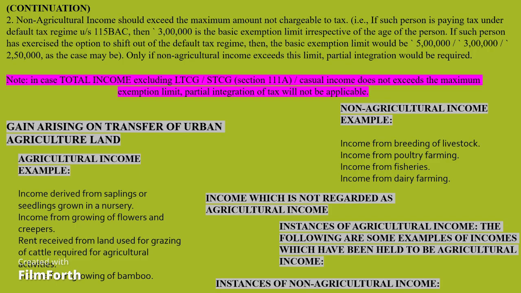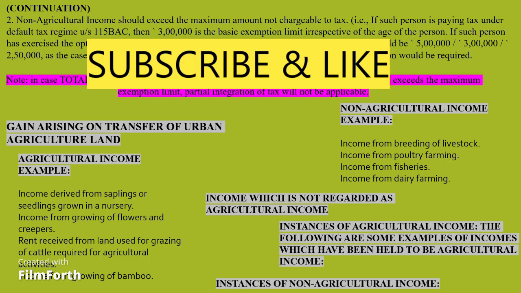Income from fisheries, poultry farming, dairy farming and animal husbandry. 7. Income from supply of water for irrigation purposes is not an agriculture income. 8. Income from brick making. 9. Income from land used for storing agriculture produce.